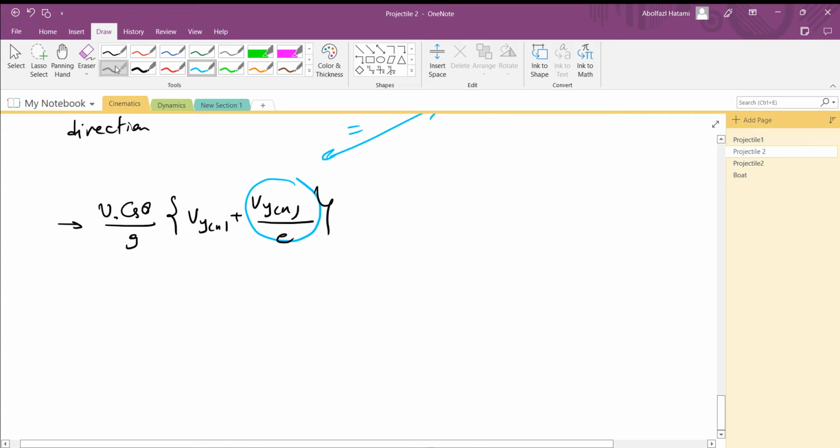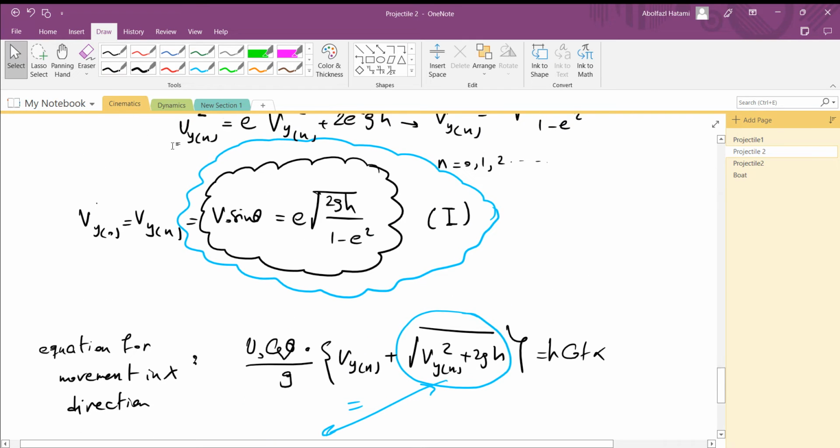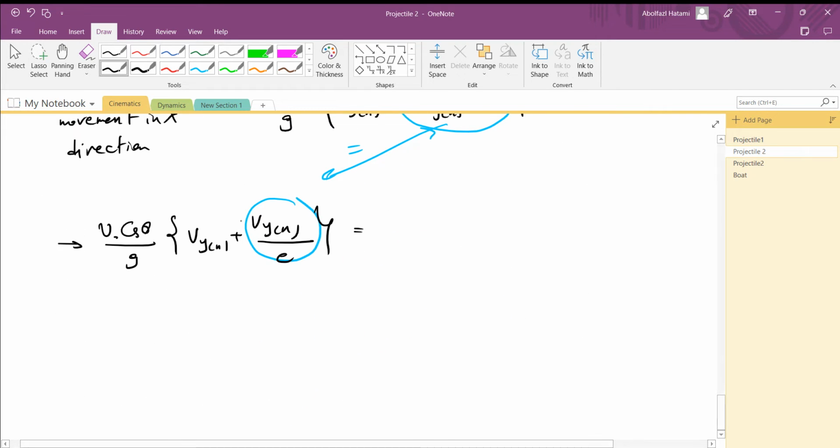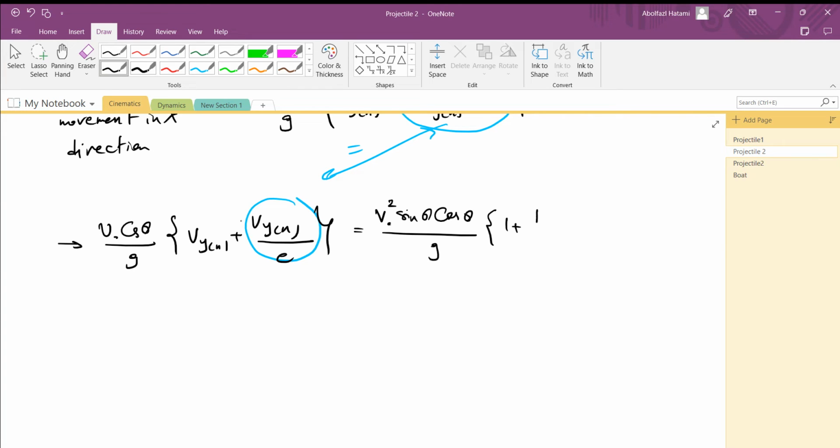And if I factor out Vy from Vyn, and we understood that Vyn should be equal to V0 sine theta, it becomes something like this. And if I substitute, it is h tangent of alpha.